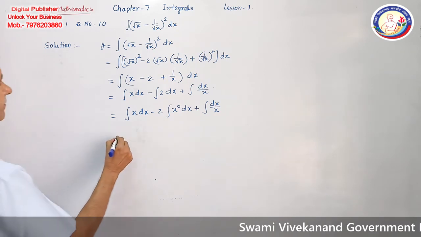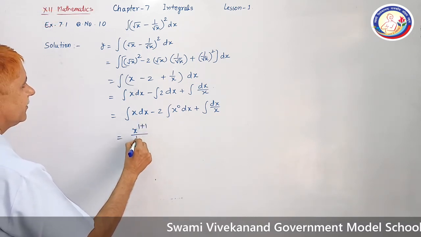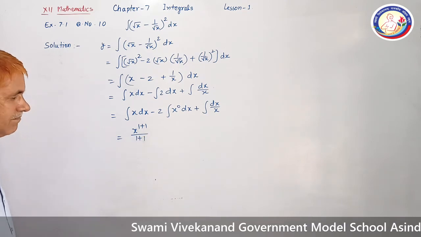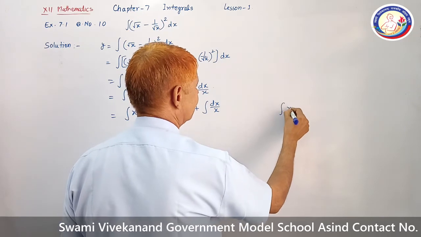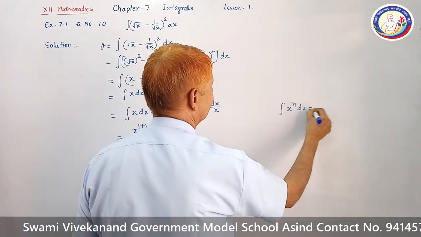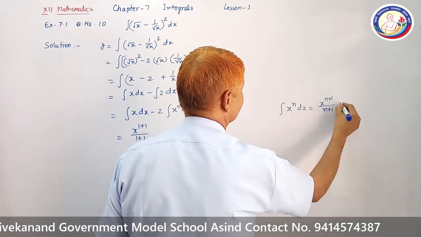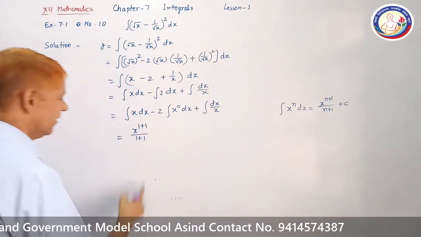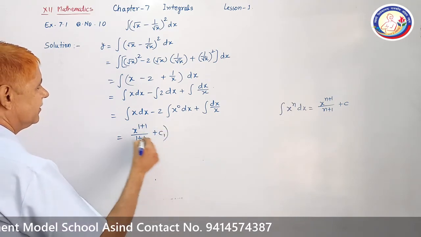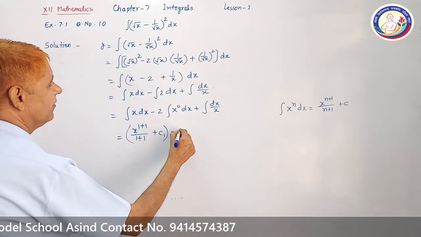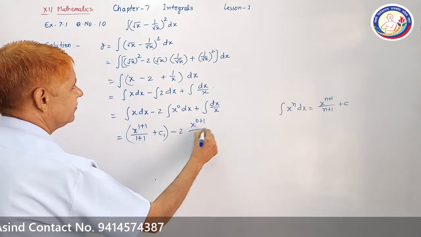It is x raised to power 1 plus 1 upon 1 plus 1. By formula, integration of x to power n dx is equal to x raised to power n plus 1 upon n plus 1, plus constant of integration. And the constant of integration will be c1 here, say. This is the first part, minus 2 into x raised to power 0 plus 1 upon 0 plus 1.